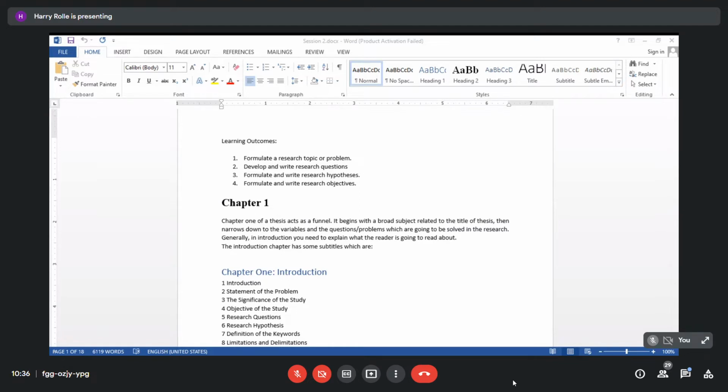We have the introduction, which comprises the statement of the problems, the limitations, and then the different parts nito. Then you have your related literature. Before, we were using 2 types of related literature: the local related literature and the international related literature.